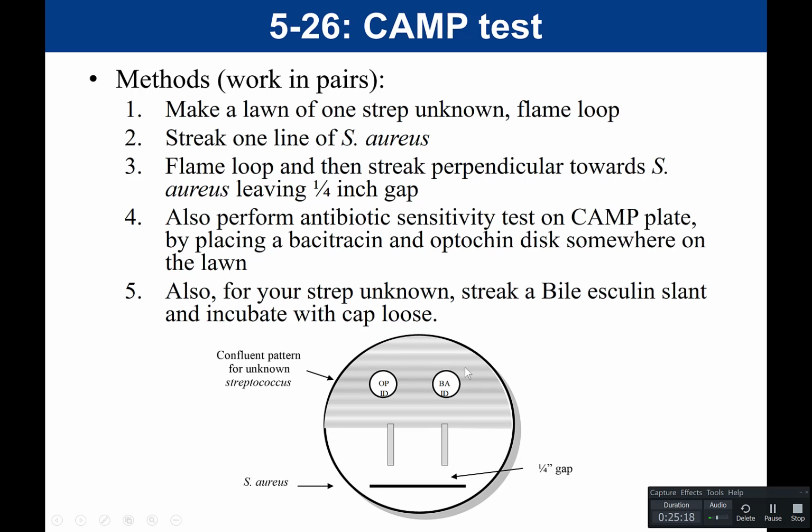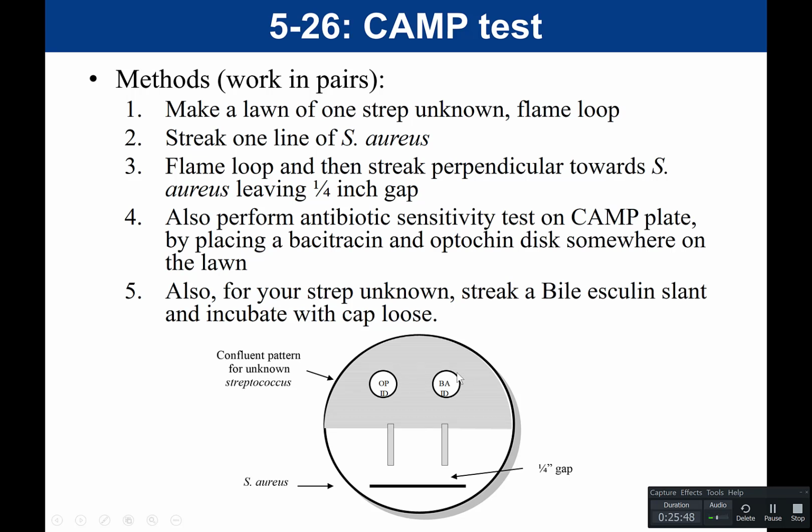So you would streak your unknown strep species over about half of your plate, 2 broad streaks down. You leave a short gap, and then we also would streak Staph aureus on the bottom of the plate. This part here, the part where you're doing the lawn and the streaks down and the Staph aureus, that is the CAMP test.